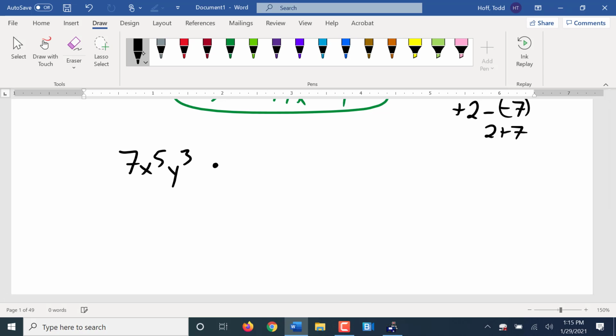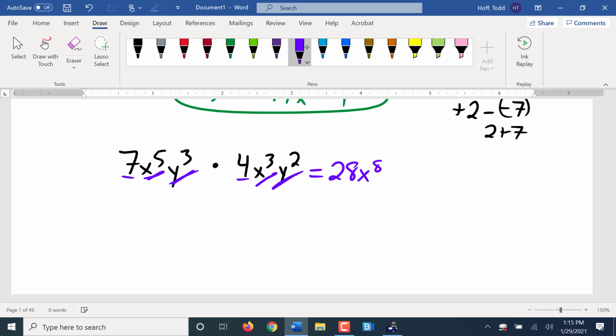If we're multiplying, like 7x to the 5th, y to the 3rd times 4x to the 3rd, y squared. Remember, we multiply the counts. We do 7 times 4, which is 28, and then we multiply the names. X to the 5th times x to the 3rd is x to the 8th. Y to the 3rd times y squared is y to the 5th.